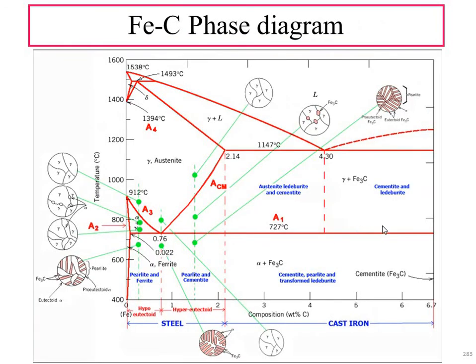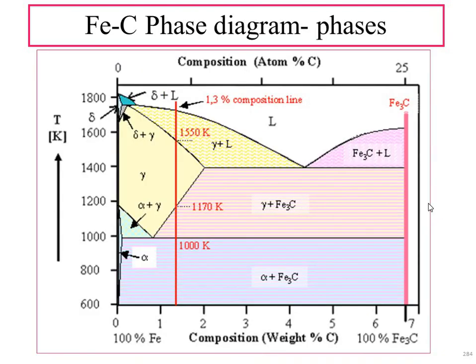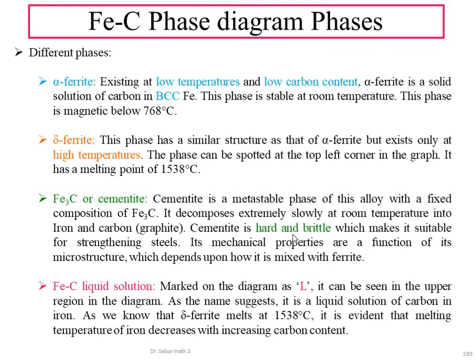Beyond this combination, the alloy will become a purely brittle material. So it shows reasonable brittleness and hardness, which makes it suitable for strengthening steels. Its mechanical properties are a function of its microstructure, like grain size and crystal orientation, which depend upon how it is mixed with the ferrite.